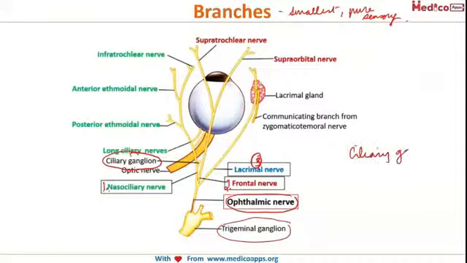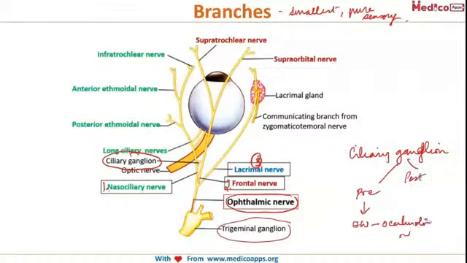It gives out postganglionic fibers that run along with the nasociliary branch of the first division of the trigeminal nerve, that is the ophthalmic nerve. Okay, and from there the postganglionic fibers reach the sphincter pupillae muscle and ciliaris muscle. Okay, the function of which we will learn separately.